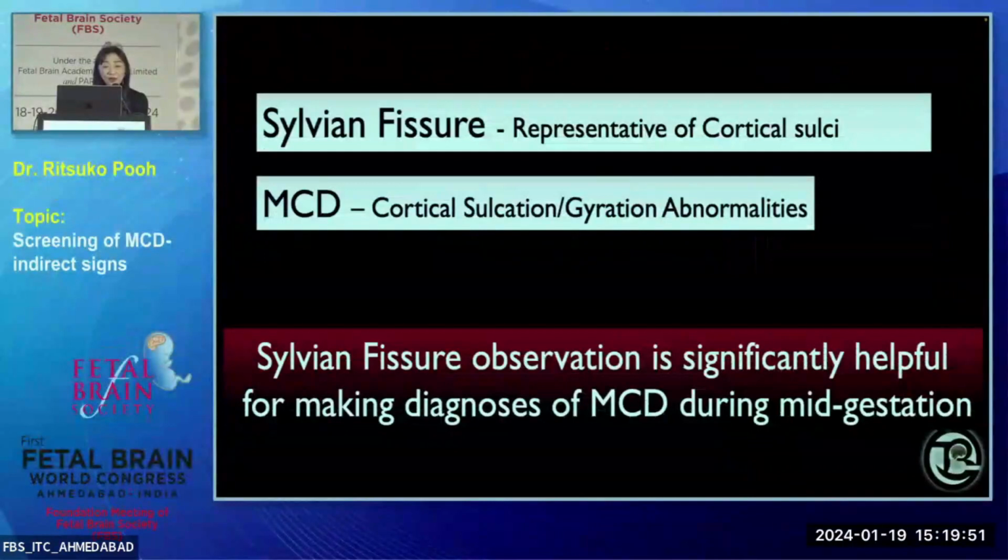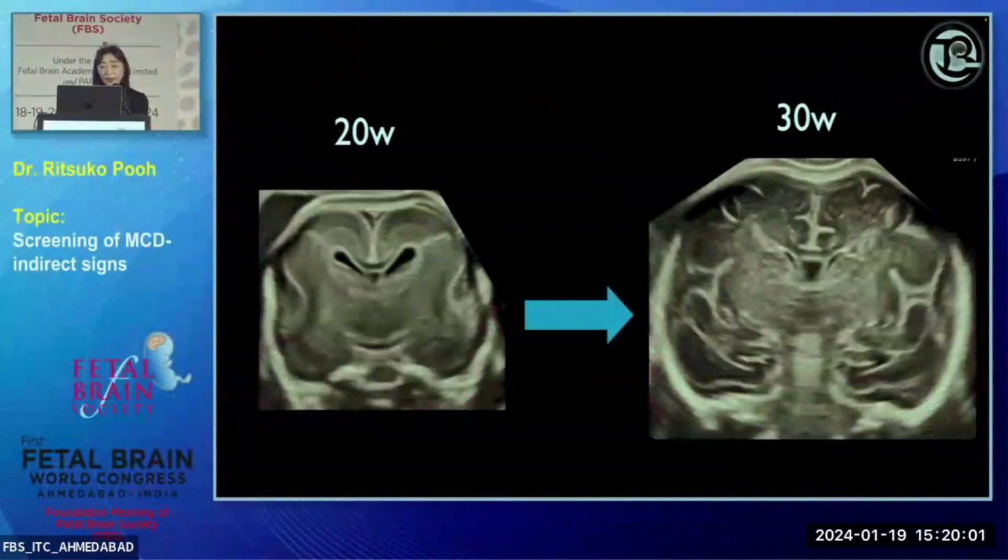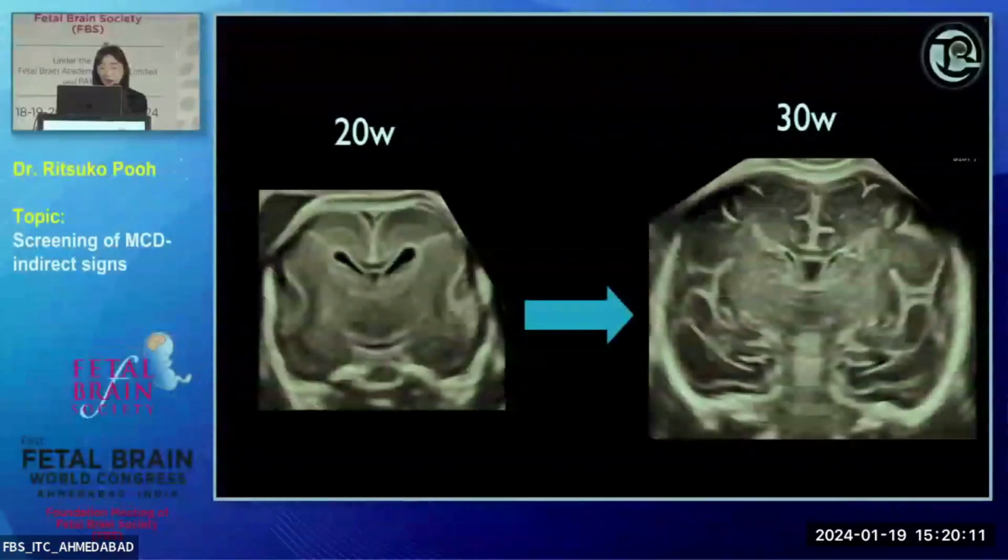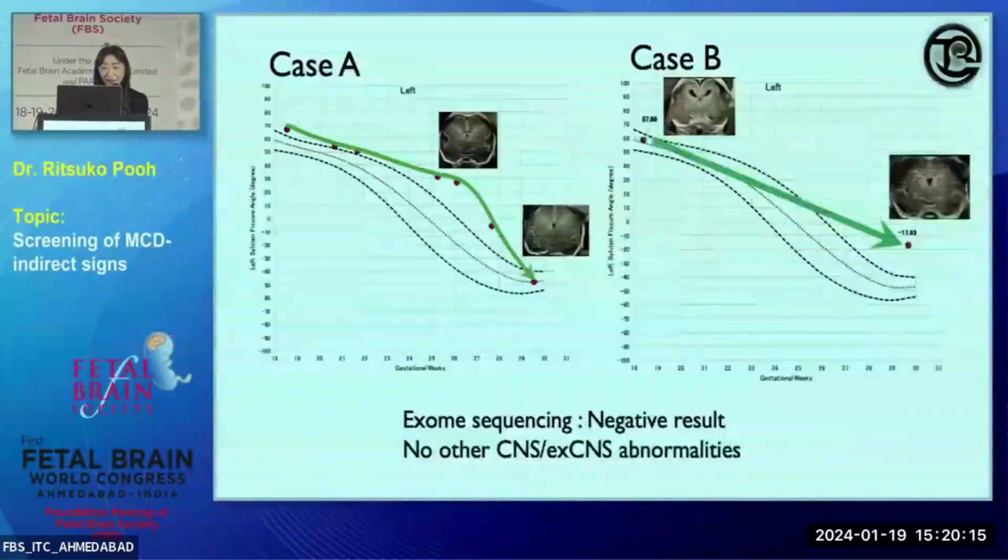So the Sylvian fissure observation is significantly helpful for making the diagnosis of MCD during mid-gestation. And again, the Sylvian fissure develops according to gestational age. We observed all fetuses by transvaginal neurosonography, with or without brain abnormalities, in my institute.